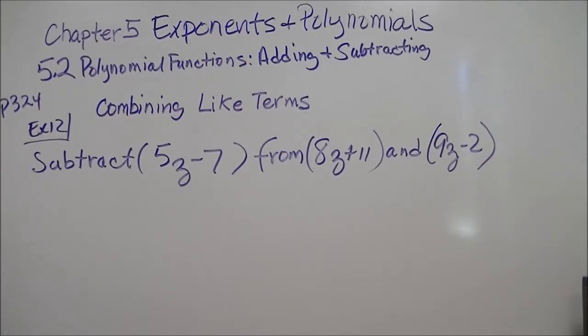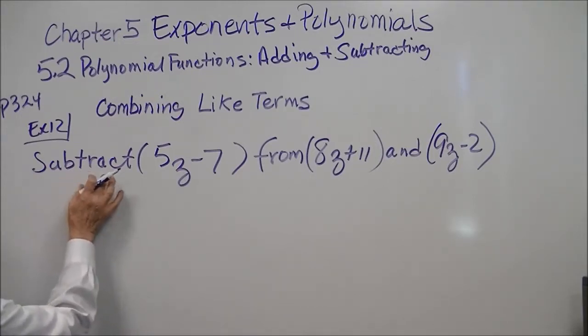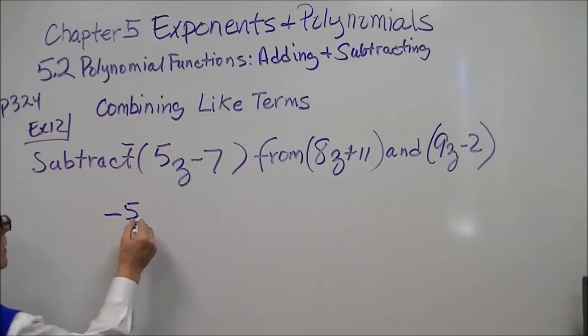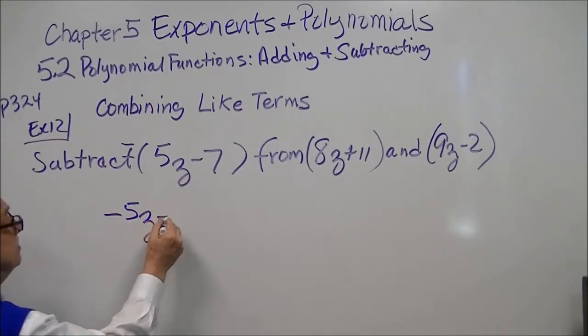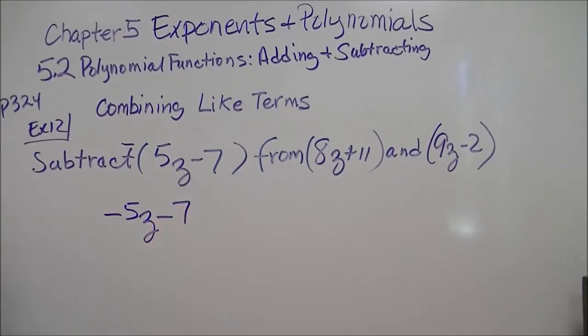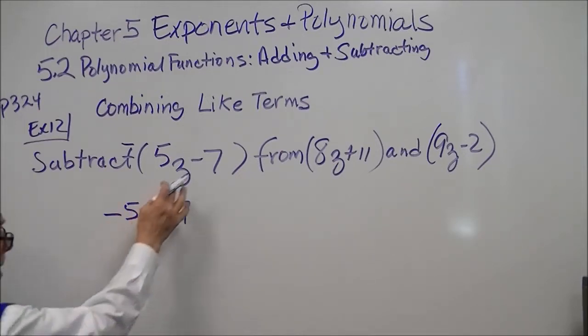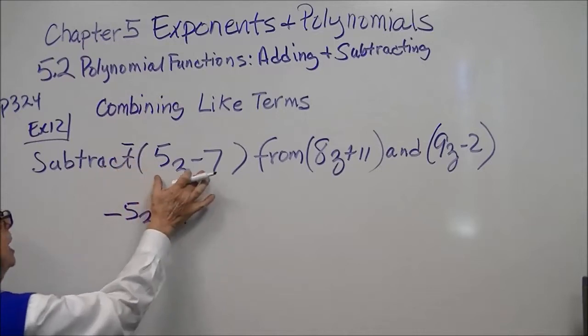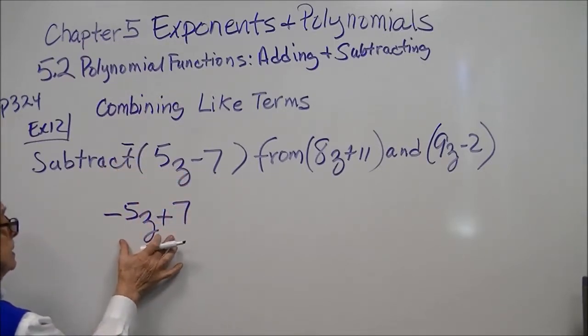Now again, a strategy would be, what do we do to subtract something? So this is sort of like a parenthesis with a minus sign. So take away the parenthesis, this becomes a negative 5z. This becomes a negative 7. Oh, opposite sign, a positive 7. We had to change both of these signs.